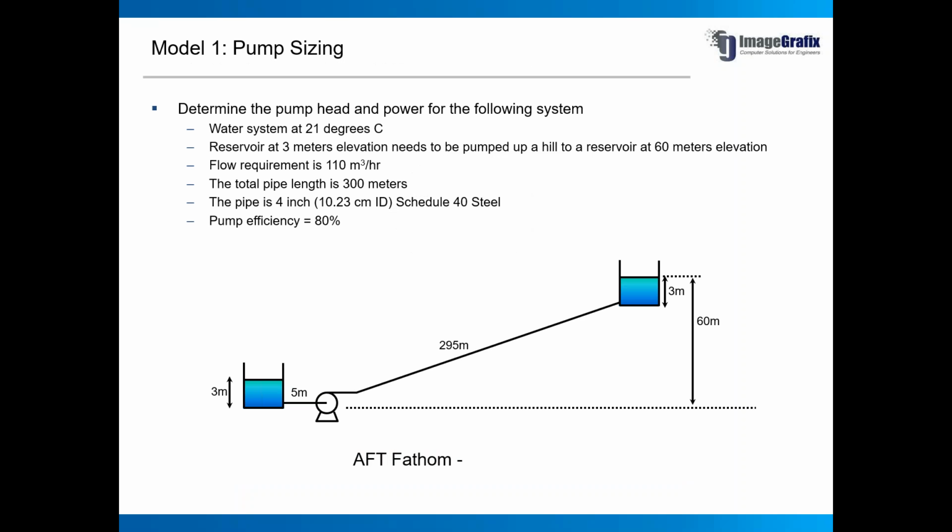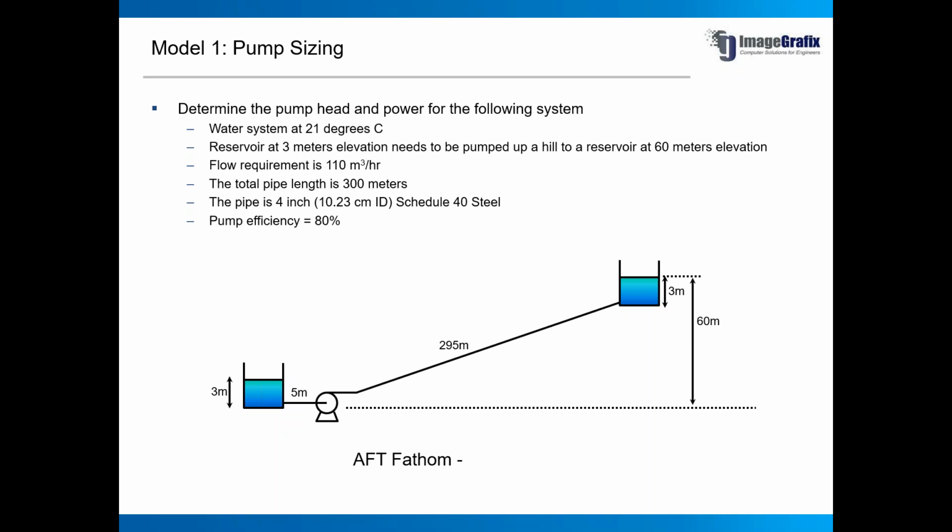I have a case typically over here. I have considered a small example just to give you an overview of what is actually going on. Over here we are determining the pump head and the power for the following system, where we are working with water at 21 degrees Celsius. We have a reservoir at 3 meters elevation, which is pumping up to a reservoir on top of a hill at 60 meters elevation.